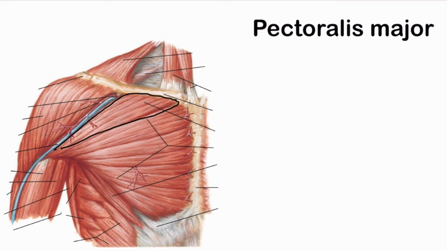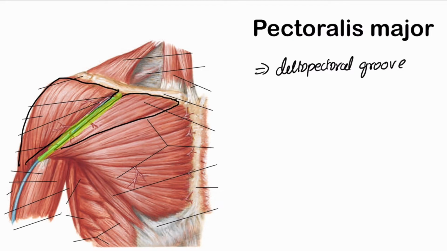Here in this diagram, the clavicular head of the pectoralis major muscle attaches with the deltoid muscle here. And these two muscles do not blend together and they form a groove in between them. That is the deltopectoral groove. This is the deltopectoral groove here. And in this deltopectoral groove, we have the cephalic vein.